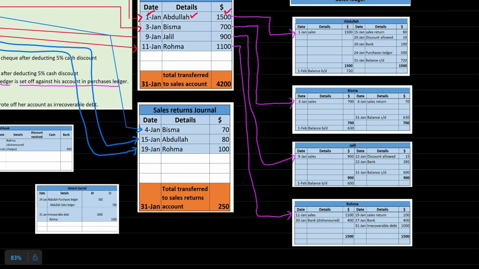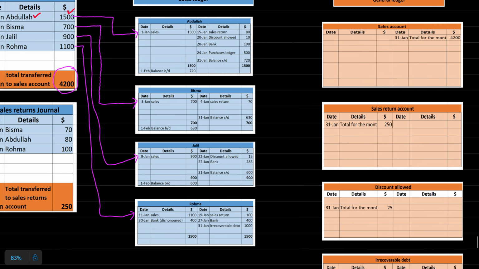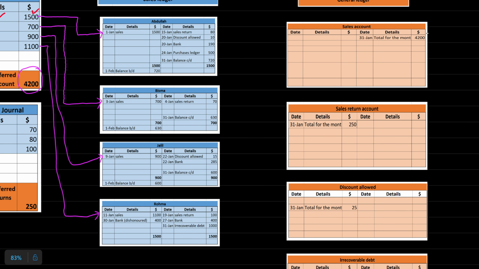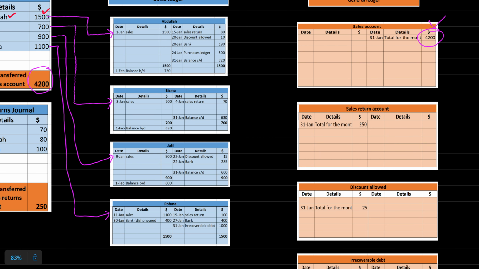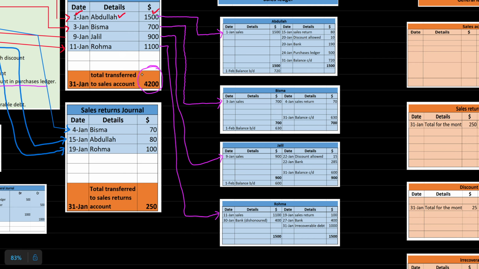So students, debit entries are made as soon as it is recorded in the sales journal, but sales is credited at the end of the month with the total of the sales journal, as we have done: 42 is recorded on the debit side of the sales account, and it was picked from the total of the sales journal.